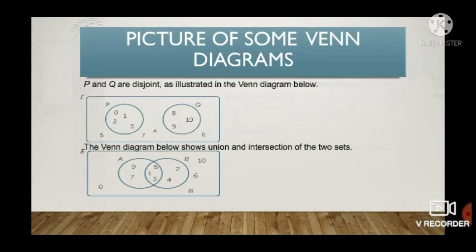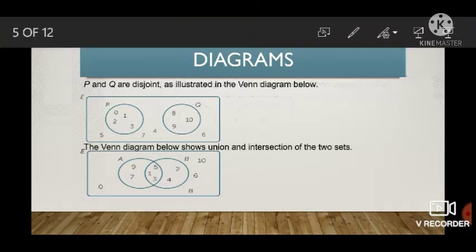Now here you can see some Venn diagrams that I have found. Firstly, you can see that P and Q are disjoint, and their Venn diagram is like that, where P contains the elements 0, 1, 2, 3, 4 and Q carries 8, 9, 10. They don't have any element in common, that's why they are shown separately, as I told you in the previous slide. The next diagram is of union and intersection of sets. In these sets A and B, you can see that 153 is in both sets.